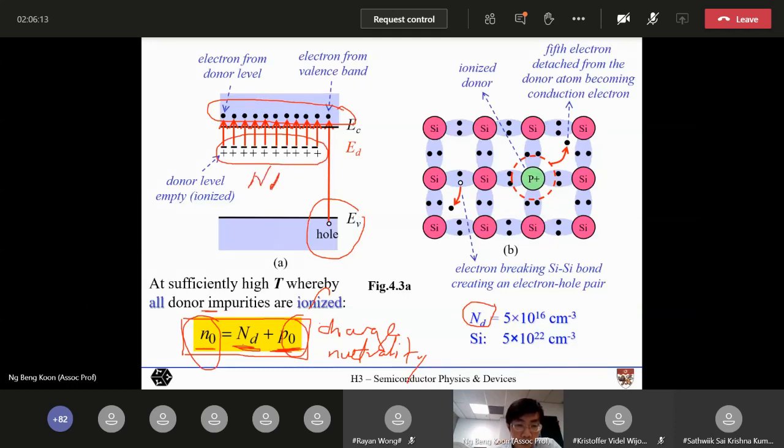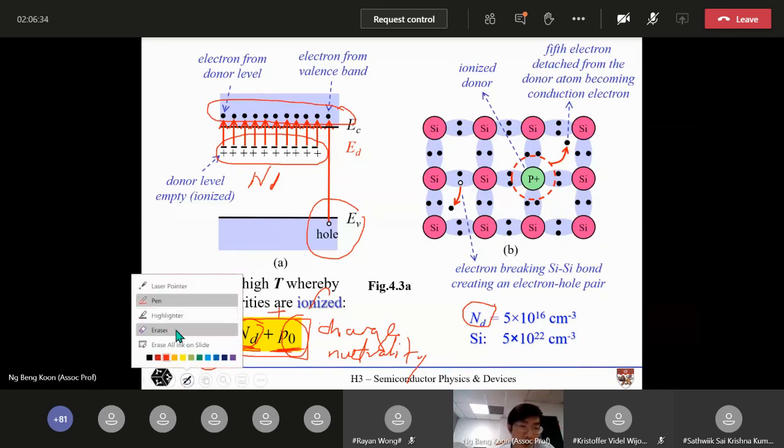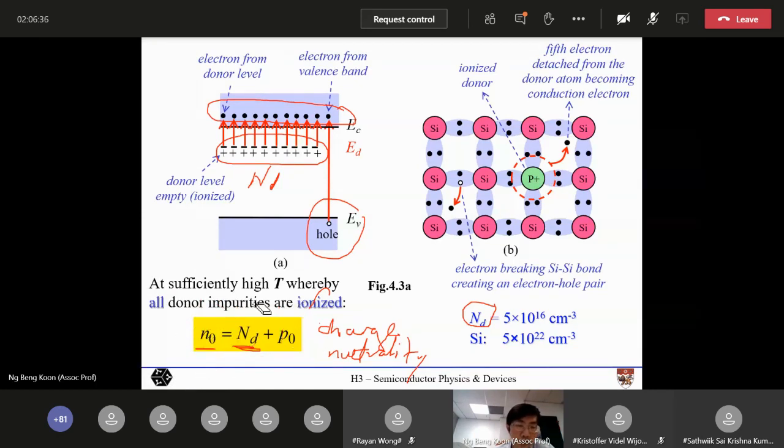So the Nd here can also mean the total number of positive charge. If you add up Nd with P0, that gives you the total number of positive charge, which must be equal to the total number of negative charge, the N0 here. So this equation is also like a conservation of charge equation. That's why we call this a charge neutrality equation.